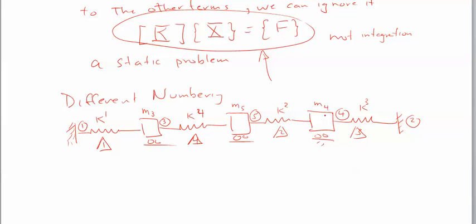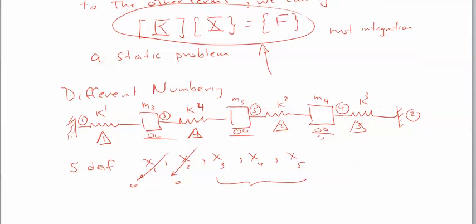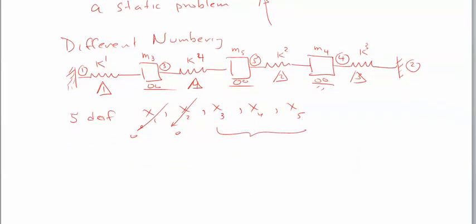All right. One thing we know is that there are still 5 degrees of freedom, and those are X1, X2, X3, X4, and X5. However, X2 is 0 and X1 is 0. So at the end of the day, we have to solve for X3, X4, X5 in time.